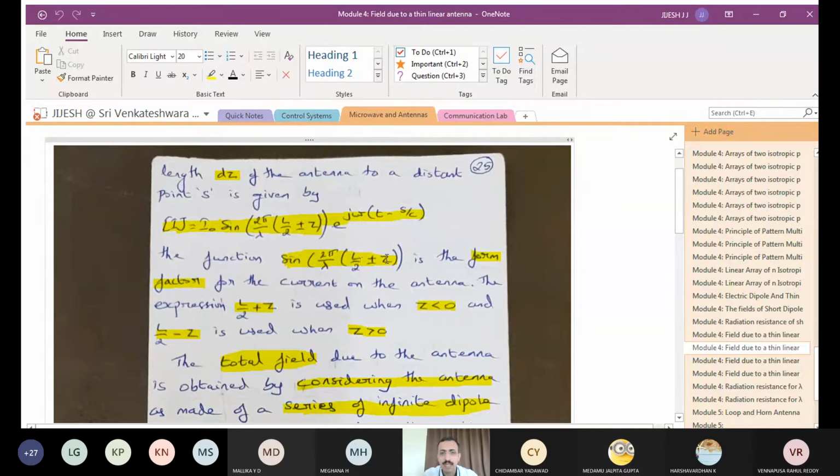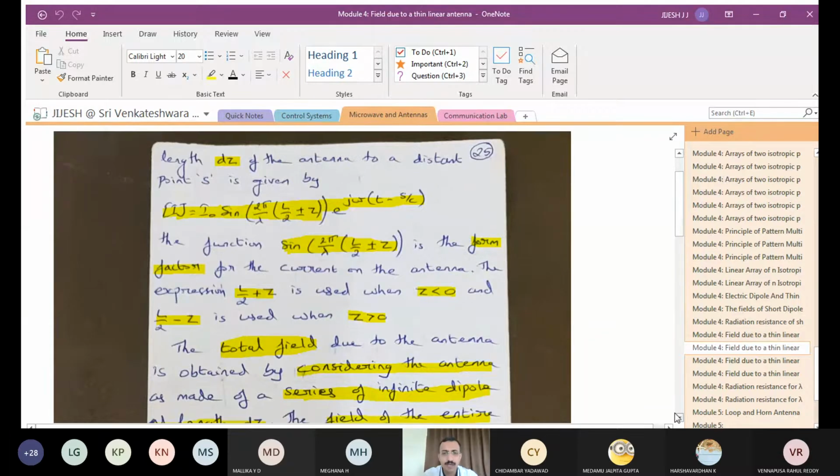We use L by 2 plus z when z is less than 0, and L by 2 minus z when z is greater than 0. So we got an equation for I.